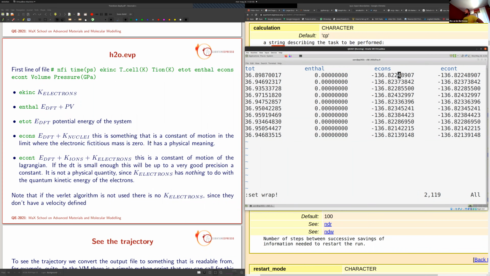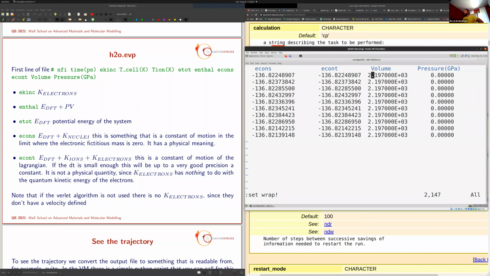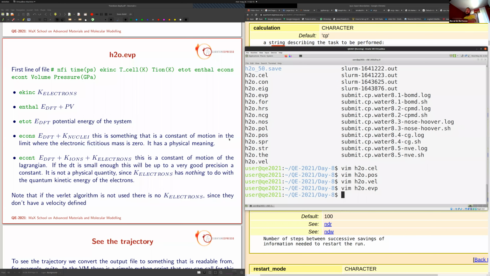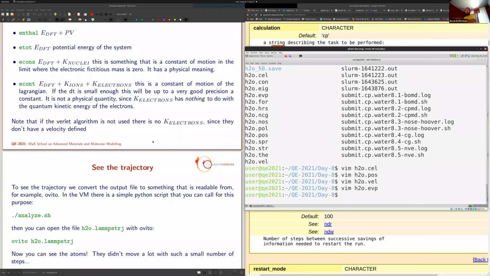Then a cont is the constant of motion of the Car-Parrinello Lagrangian that now is not conserved because we are not running Car-Parrinello. Volume is constant. Pressure, we are not computing the pressure, so it is 0. You have to tell the code to compute the pressure if you want it.